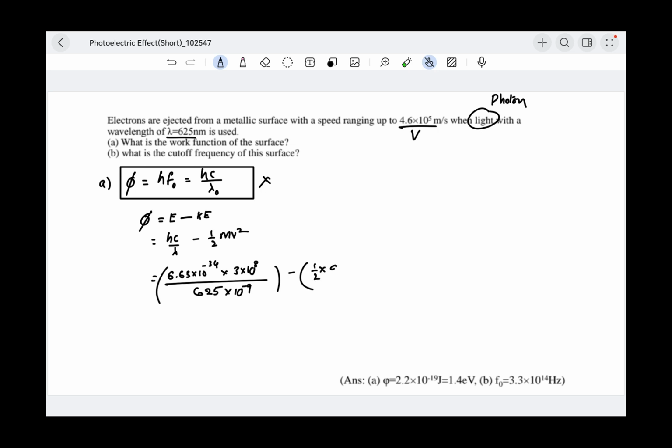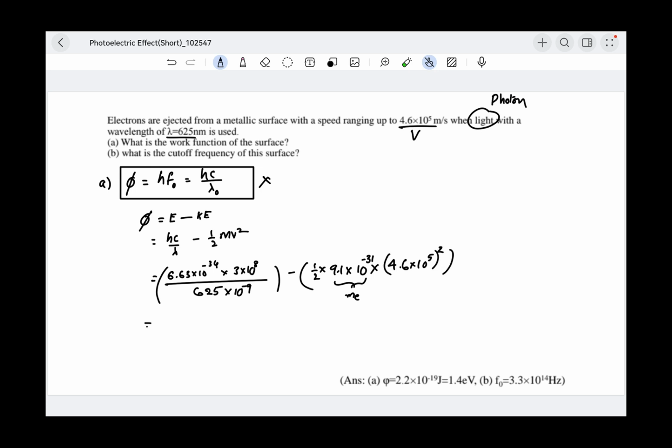Please remember the mass of the electron should be given, otherwise it is very difficult to solve this problem. 9.1 times 10 to the power of minus 31, this is the mass of the electron, times the speed of the electron, that is 4.6 times 10 to the power of 5, the speed square.